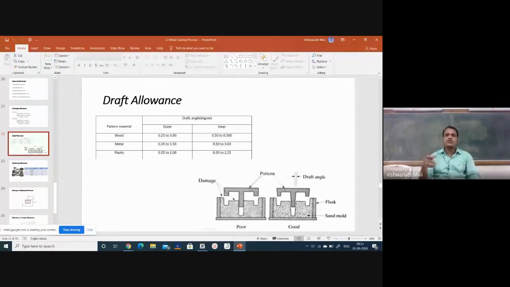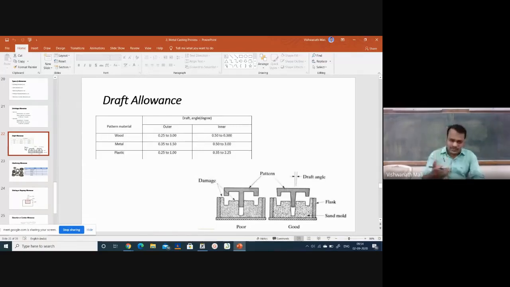If the length is more, suppose 300 or 500 mm, then we go for more drafting allowance depending on the length, plus depending on the pattern material, not the casting material. Remember, depending on the pattern material, like wood, metal, plastic, we change the drafting allowance.